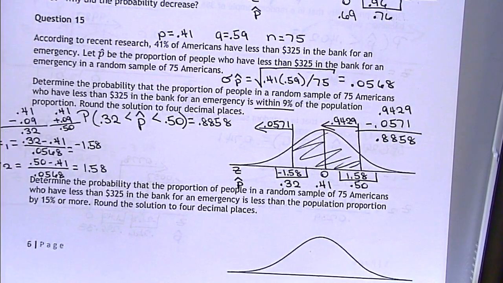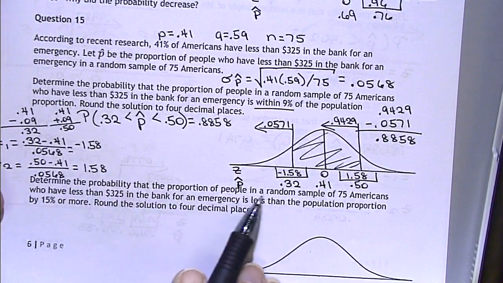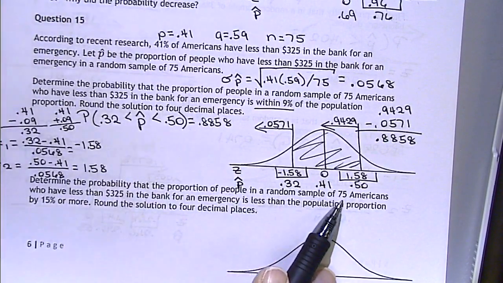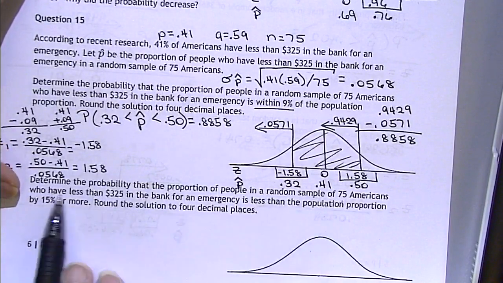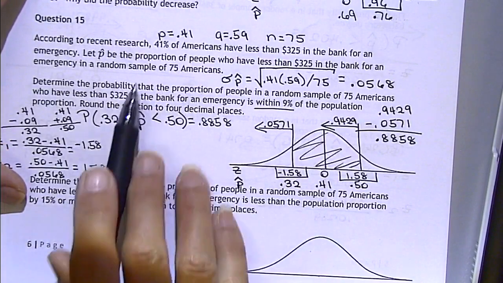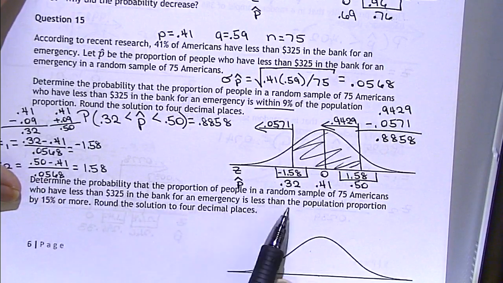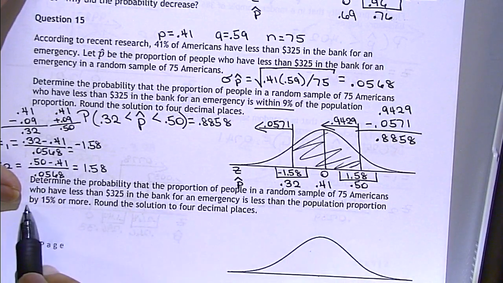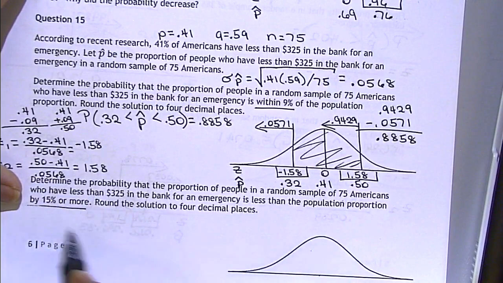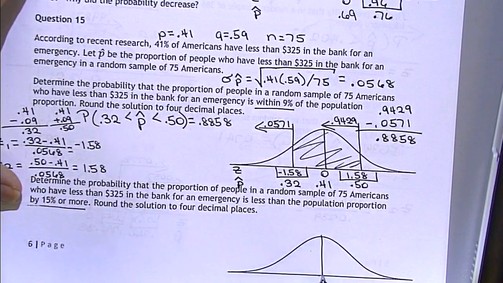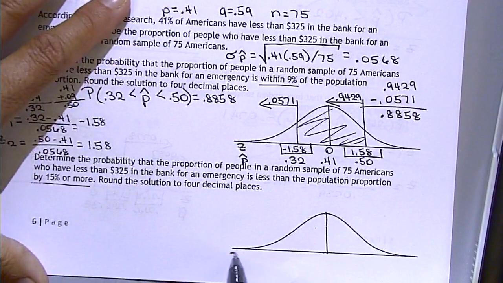Okay, so next question. Want the probability of the proportion of people in a random sample of 75. Guys, first check and see if they changed the sample size on you. Same sample size? Good. We're good then. Who have less than $325 in the bank, so it's the same population that they're talking about, is less than the population proportion by 15% or more. Okay. Here's what they're asking. You can always go ahead and put this down, right?